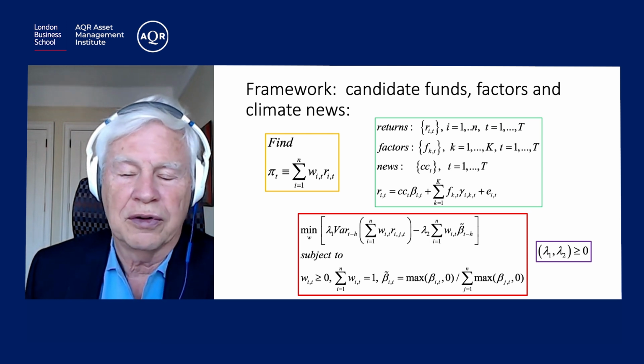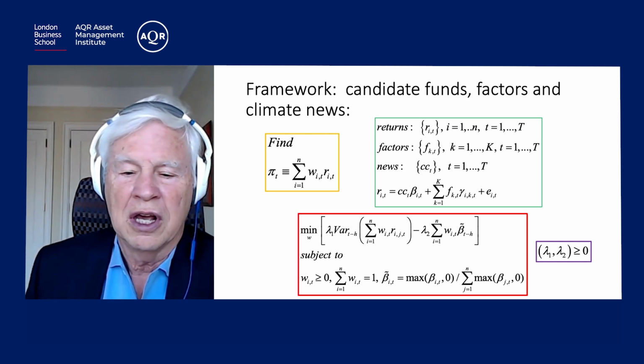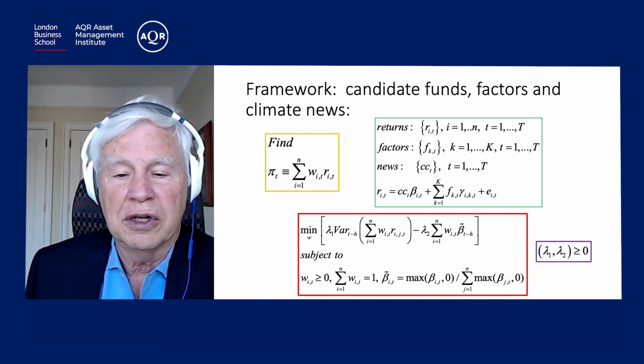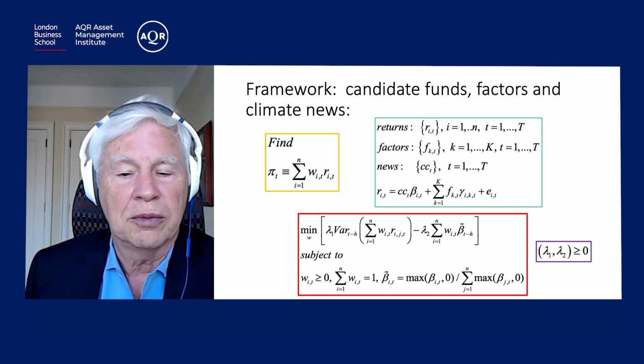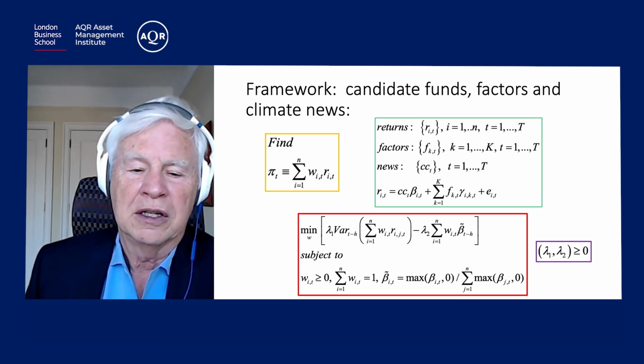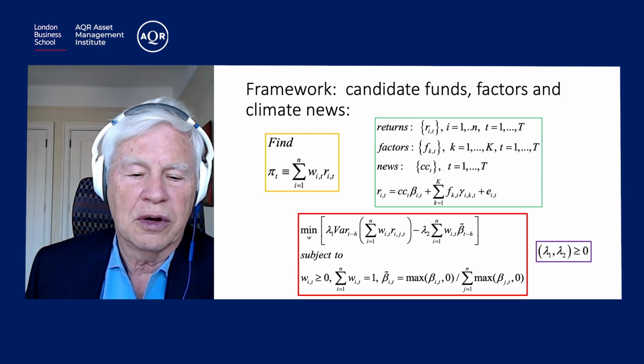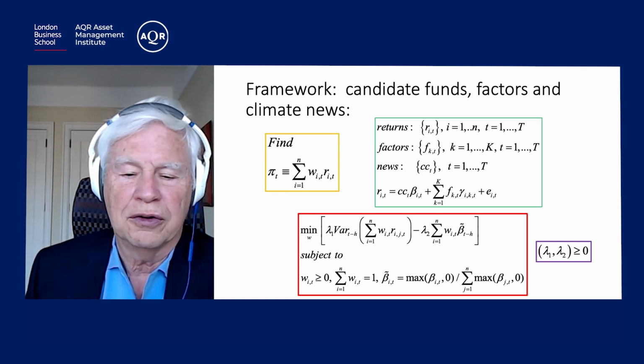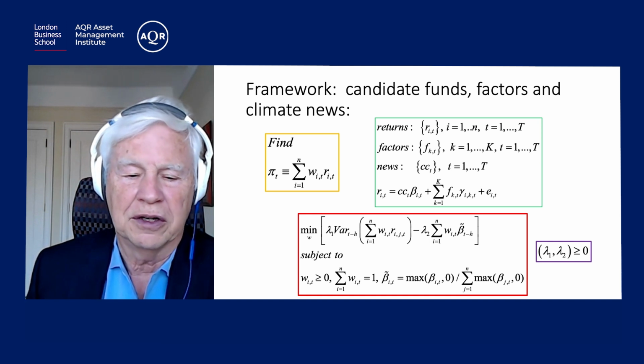And these are sort of Fama-French style factors. We also include in here the stranded asset portfolio, and we also include in here an oil price factor. So then what we want to do is minimize the variance of this portfolio and maximize its correlation with the estimated betas here.